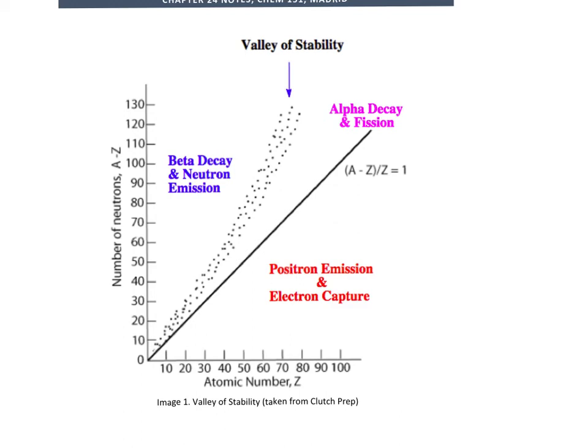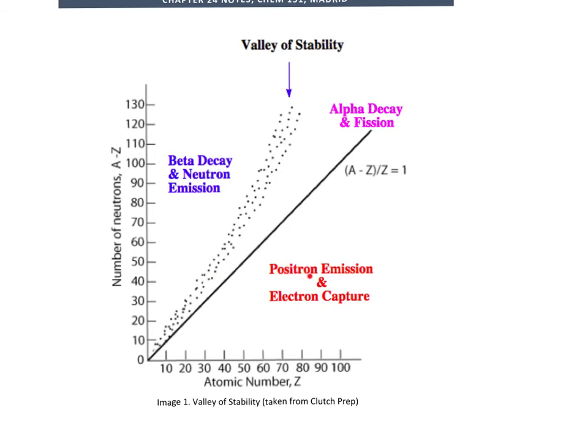So notice this area, so anything that has a ratio that's over here, this is a nuclide that is more rich in protons as compared to the number of neutrons. So let's say you had 80 protons and you had 40 neutrons.